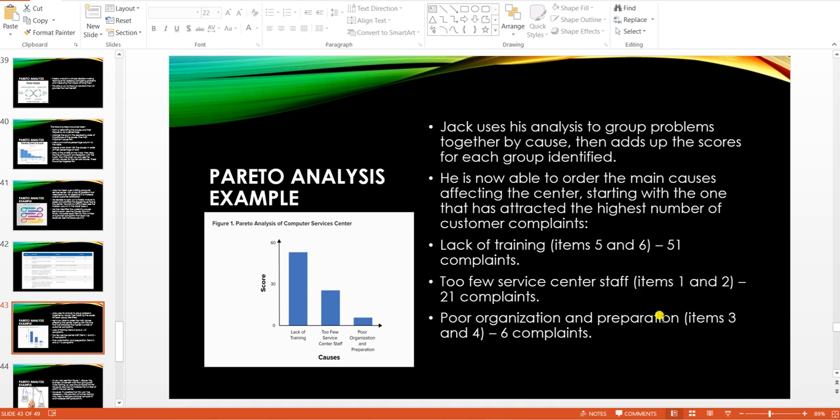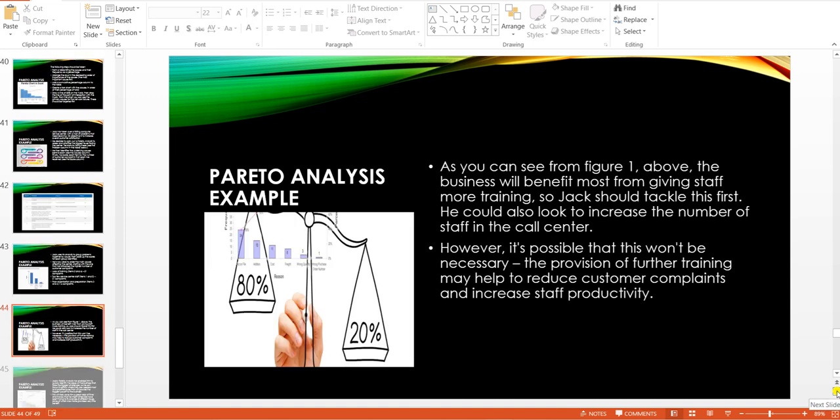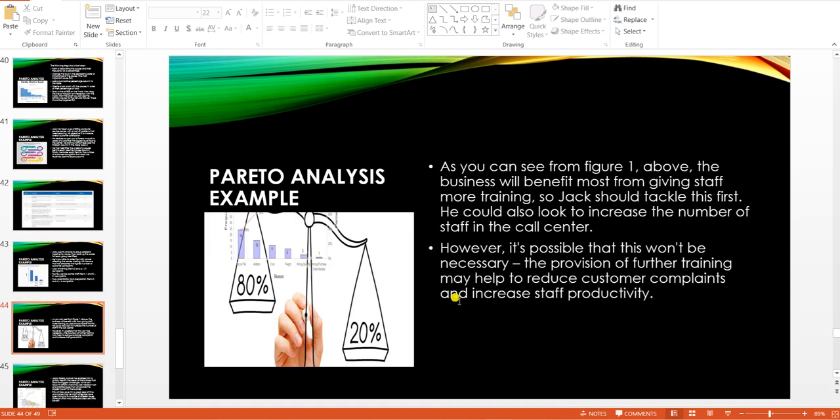Poor organization and preparation, items 3 and 4, has about 6 complaints. Remember, as I've mentioned, the Pareto analysis is within the 80-20 rule technique. As you can see from the above slide, the business will benefit most from giving staff more training. So Jack should tackle this first.